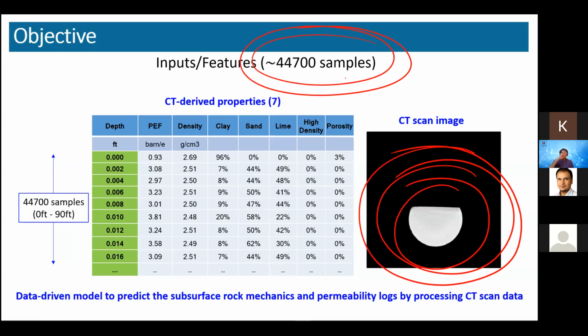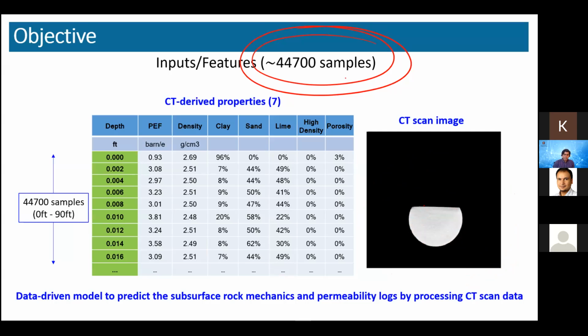Because you cut it, you only have this as your image. So what you see here is one CT scan image. It has information on how the density is distributed in that particular image.